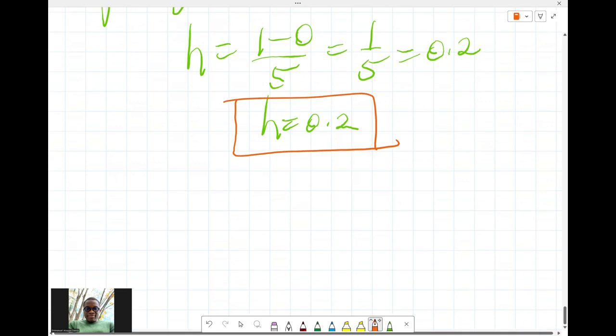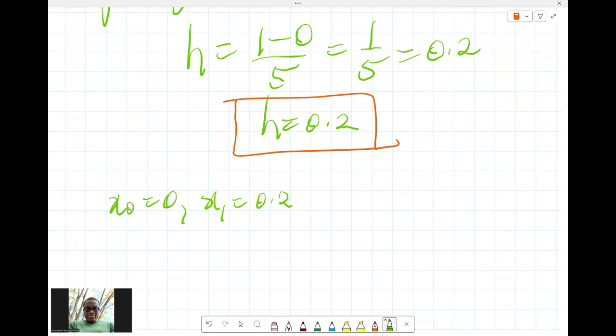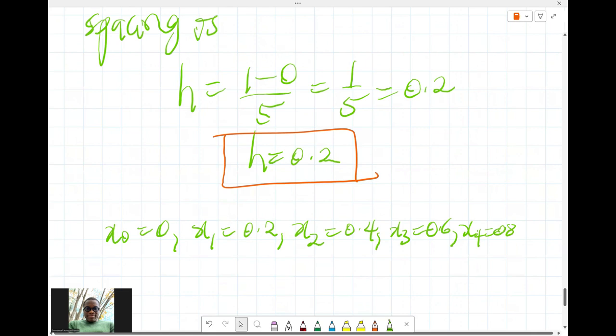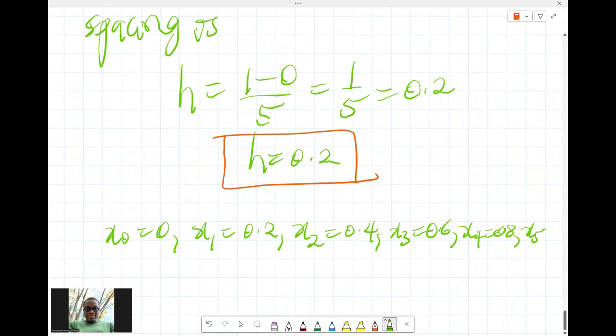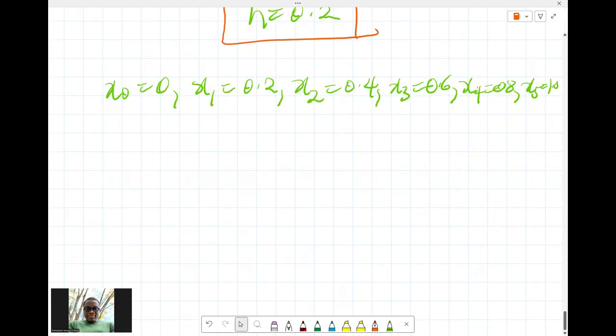Then that simply tells us that we are going to have x0 equals 0, x1 equals 0.2, x2 equals 0.4, x3 equals 0.6, x4 equals 0.8. And then we also have x5, so x5 equals 1.0. That's how that is going to be.